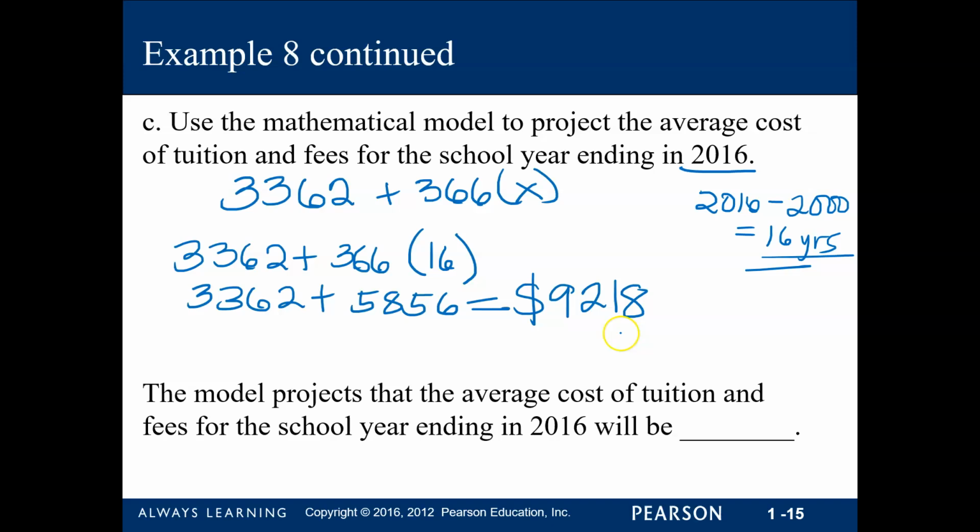So that is our predicted tuition fee for 2016. Looking at the pattern that we had from the previous graph, this is our predicted value. So using our mathematical model, the average cost by the year 2016 is going to be 9,218. And so that's that.